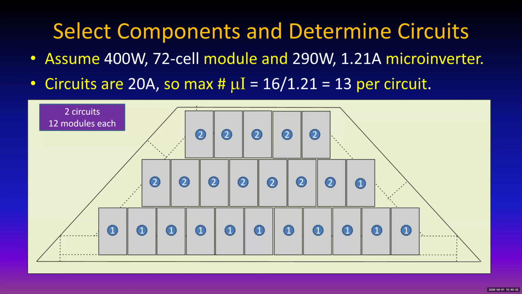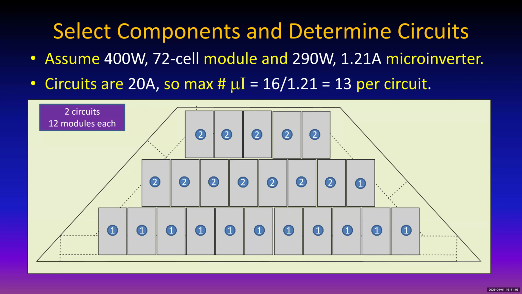Well, this is 24. And so we could have 13 and 11 because the maximum number we can have is 13 in a circuit. But we decide to make it even, so okay, we'll do it like this.